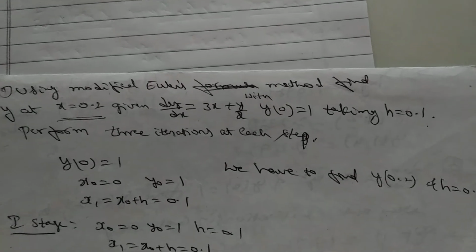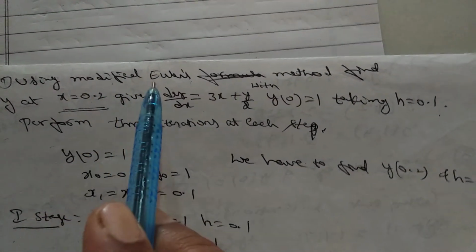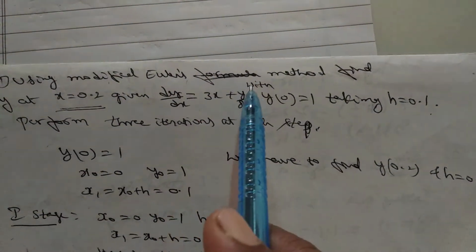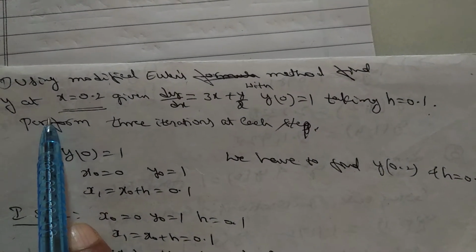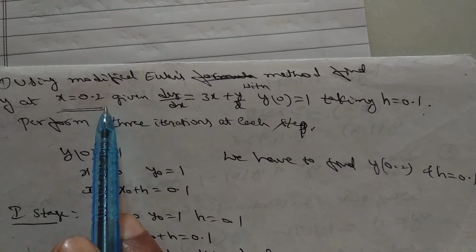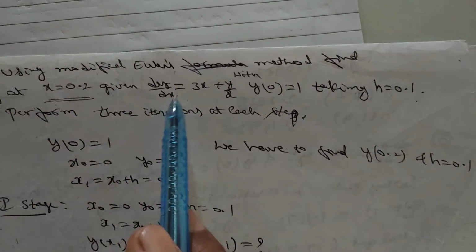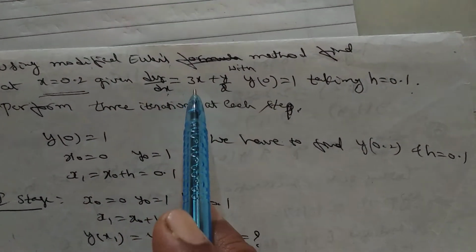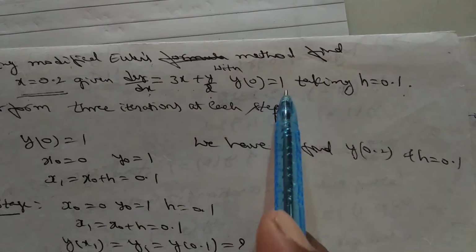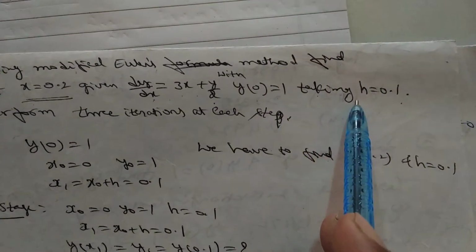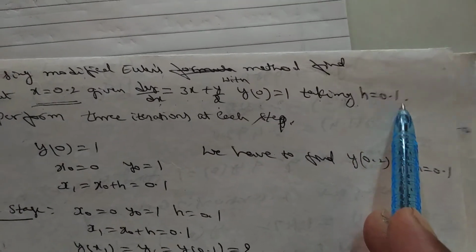Now we have to take one problem. Using Euler's modified method, find the value of y at x is equal to 0.2, given that dy by dx is equal to 3x plus y by 2, with the initial condition y of 0 is equal to 1, taking h is equal to 0.1.